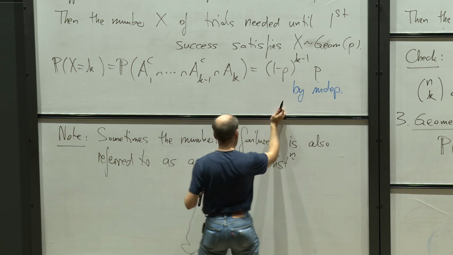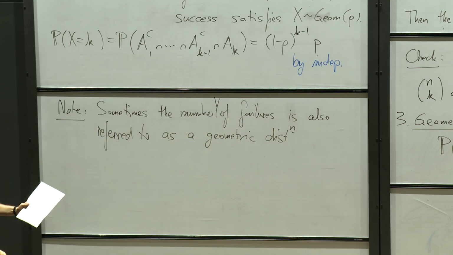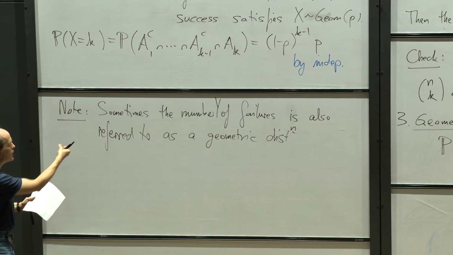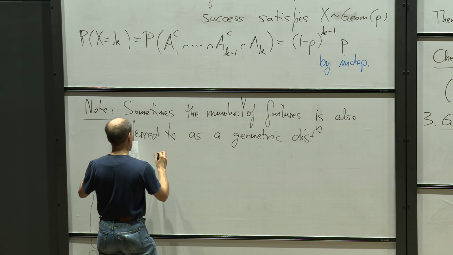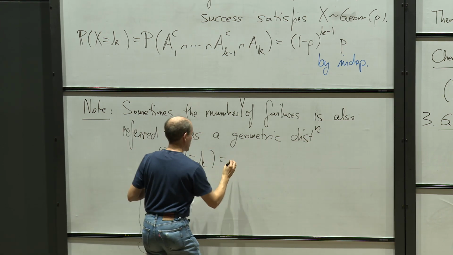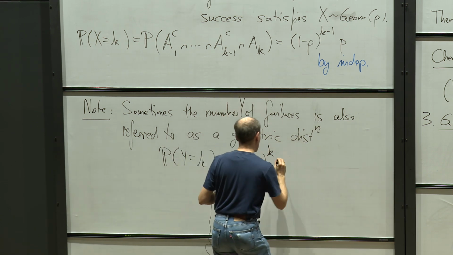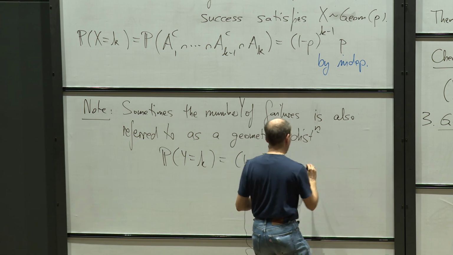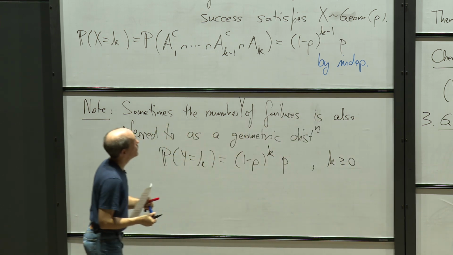But that's not the same distribution, because if you don't count the final success, then of course you have one fewer in y as opposed to x. So the probability that y is equal to k in this case would be (1 minus p) to the k times p, because k failures is what you need to count before the first success, for k greater than or equal to 0.